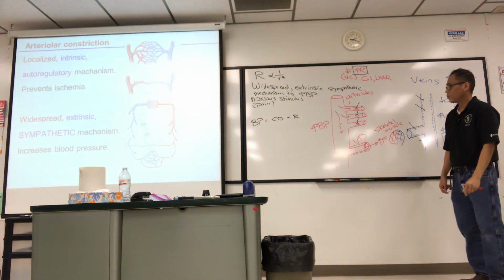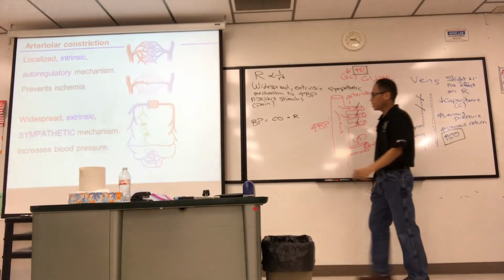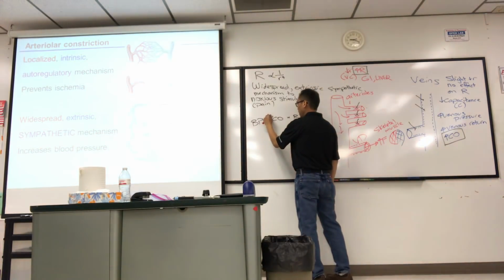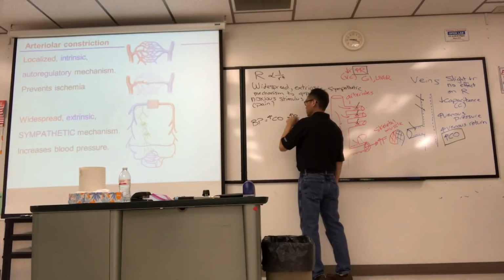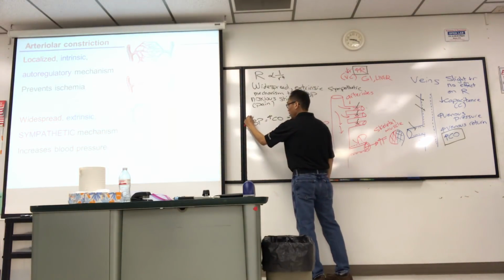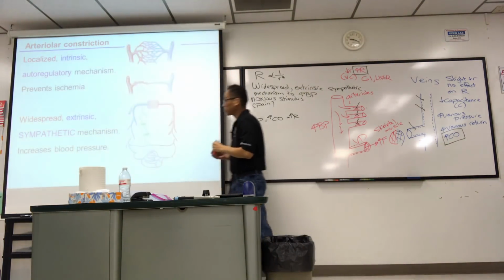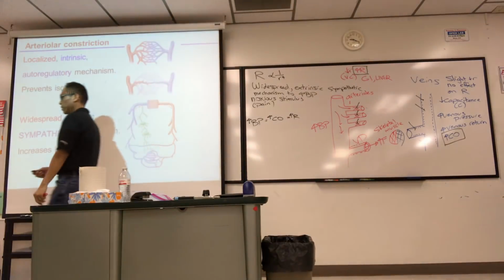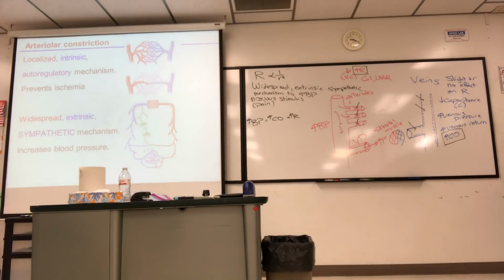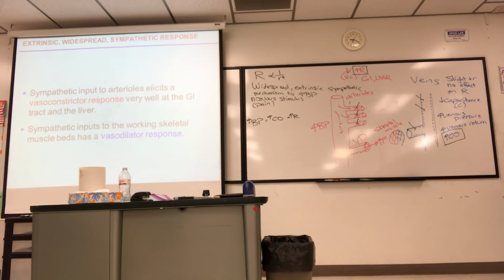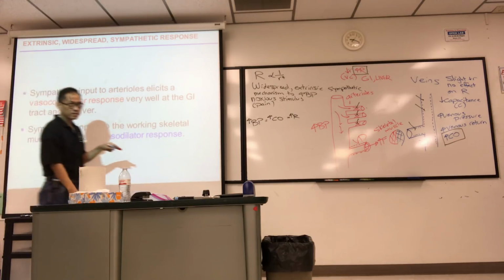So if you want to maintain or increase the BP, you have to increase the cardiac output and increase the peripheral resistance. That will help increase the blood pressure. That's what's happening. When you measure an increase in blood pressure, you affect the arteries, you affect the veins too. Okay? Both kinds of blood vessels there. Okay, any questions on how you affect the arteries, how you affect the veins?